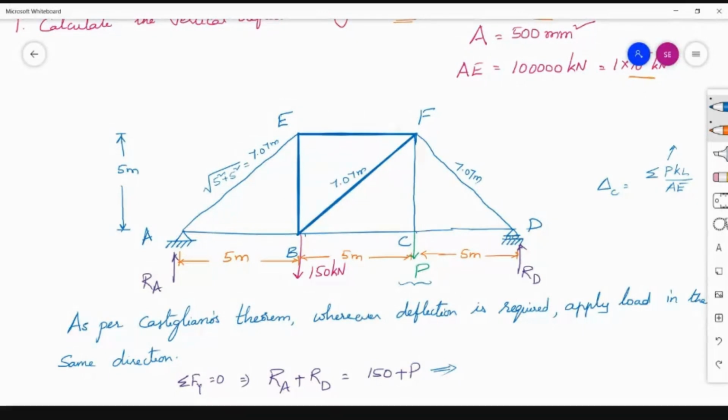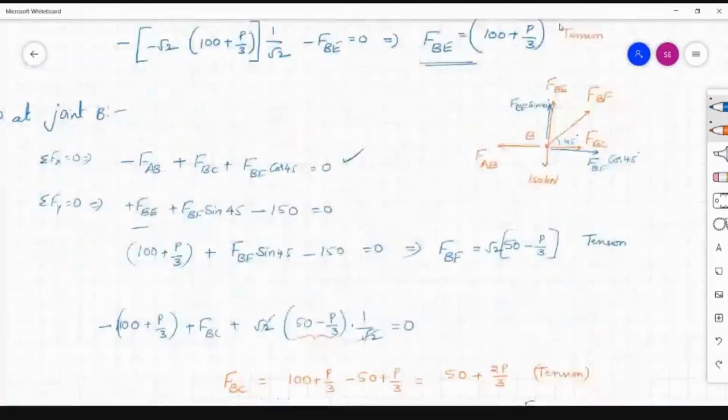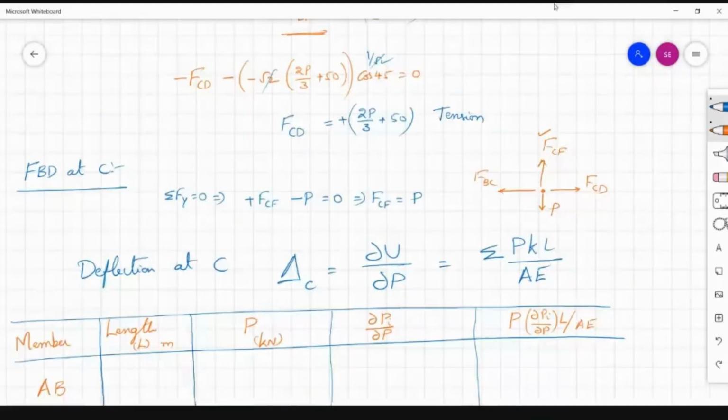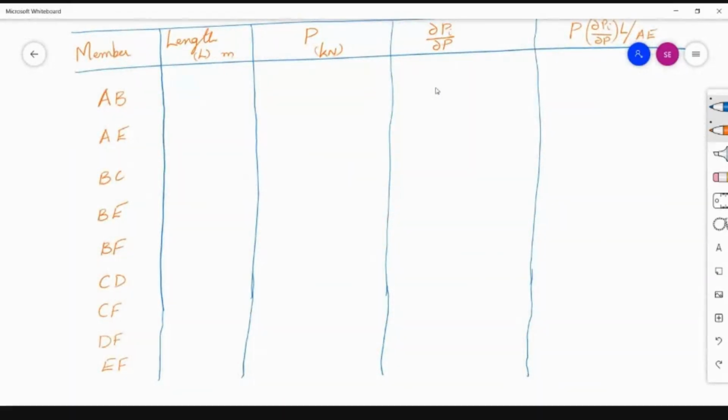So represent the lengths of these members, and all the remaining are 5 meters only. The lengths of the members are 5, 7.07, 5, 5, 7.07, 5, 7.07. DF is 7.07. EF is 5 meters.